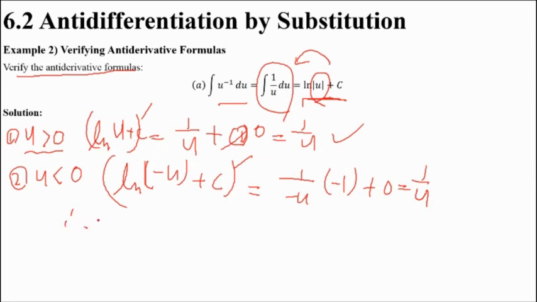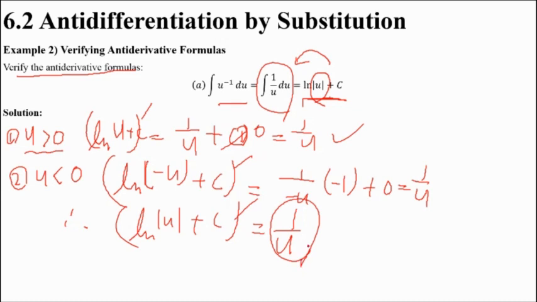So conclusively, ln of the absolute value of u plus C has derivative 1 over u. So the integral of 1 over u du is ln absolute value of u plus C.